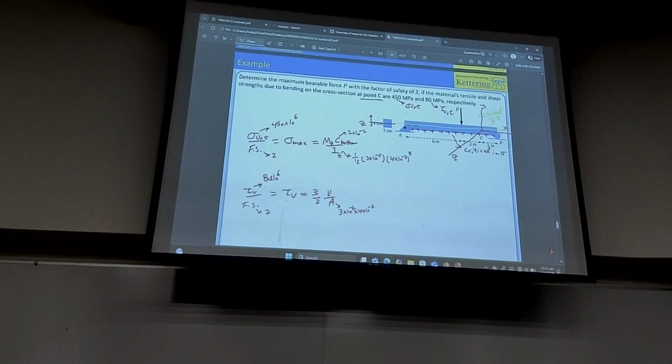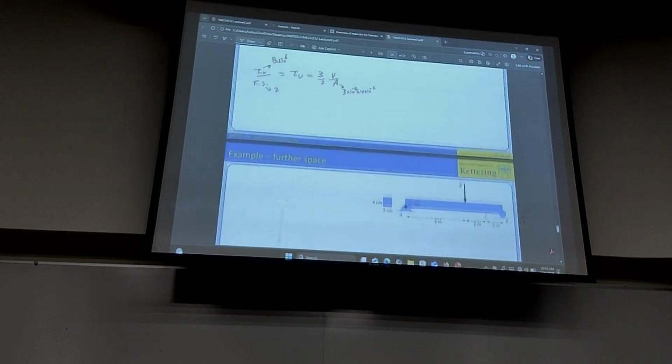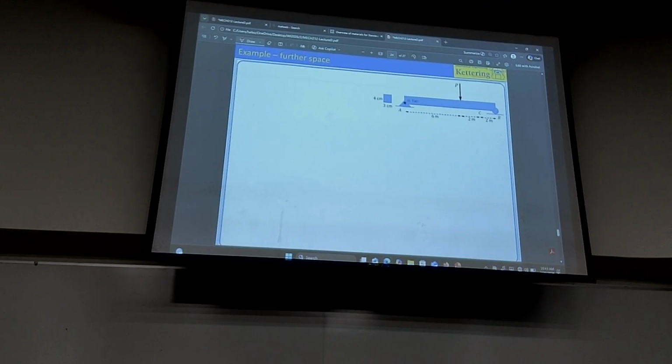So we want to do now static analysis, again, to relate P to the load at C. So let's do that in here. Static analysis. It's jointed at A and B. A is a roller from statics.